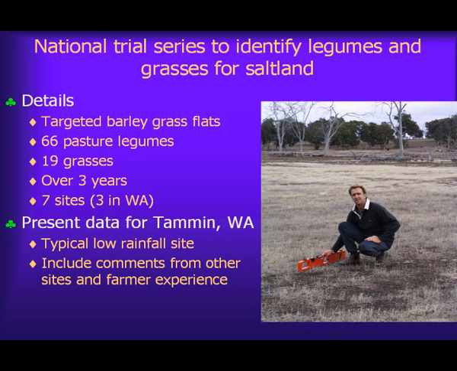We looked at their production and persistence over 3 to 4 years at 7 sites across southern Australia, of which 3 were in WA. Now I'm going to present some data for Tammin in the central wheat belt of WA, as it typifies many of the low rainfall sites that we like to encounter, and I'll use that in addition to some experience we've had from other sites, trial sites and demonstrations, and farmer experience to talk about some of the best options for low rainfall saltland pastures.